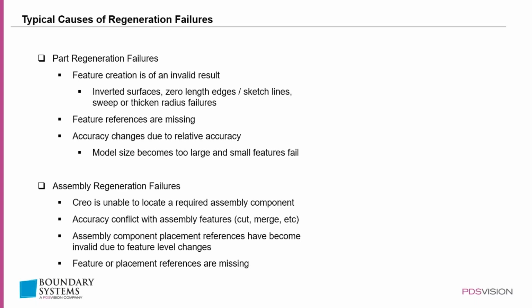The disadvantage to absolute accuracy is it can have slightly slower regeneration times. So generally what we want to consider here is what's going to be the best for our specific application. There are a lot of applications where relative accuracy is not going to be any good, but there are some applications where it can speed up your regeneration. So we just have to be mindful.